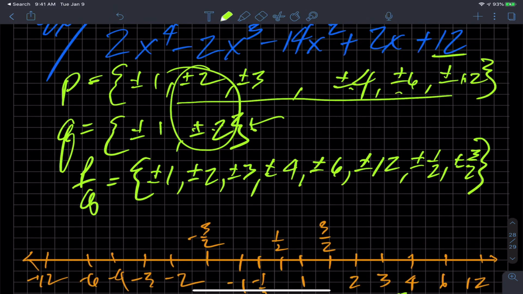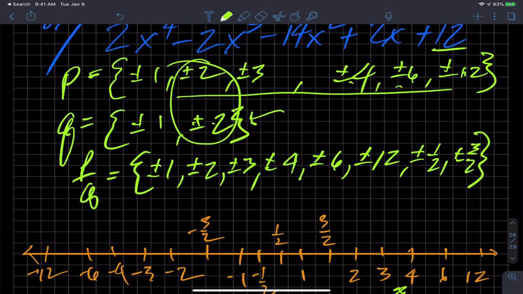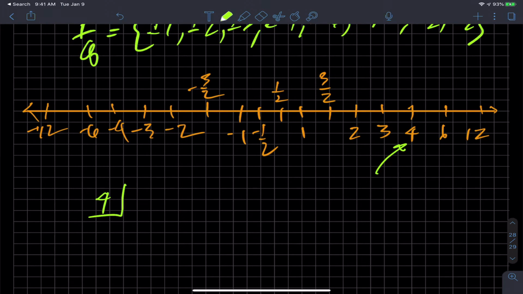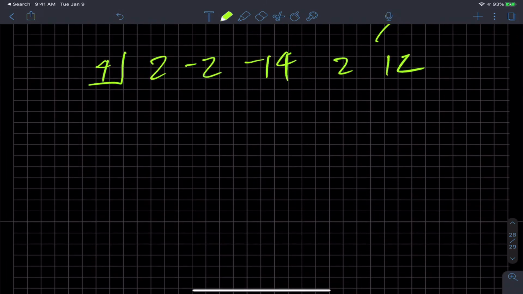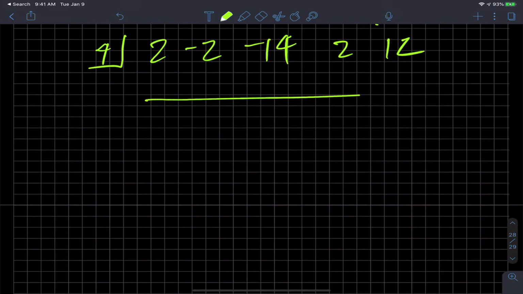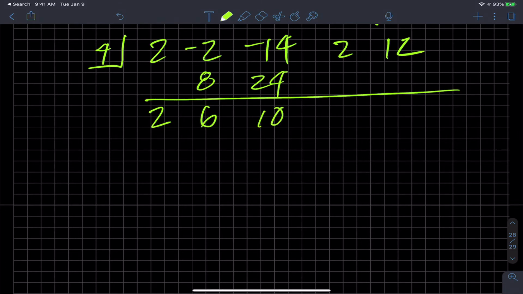What are the coefficients of my polynomial? That's the blue thing. 2, negative 14, 2, and 12. Yep, positive 2 and positive 12. So remember, in synthetic division, I'm going to bring down the first coefficient. I'm going to multiply times 4. So 2 times 4 is 8. I'm going to add, so 8 plus negative 14... I mean, 8 plus negative 2 is 6. 4 times 6 is 24. I'm going to add the negative 14 and get 10. 4 times 10 is 40.